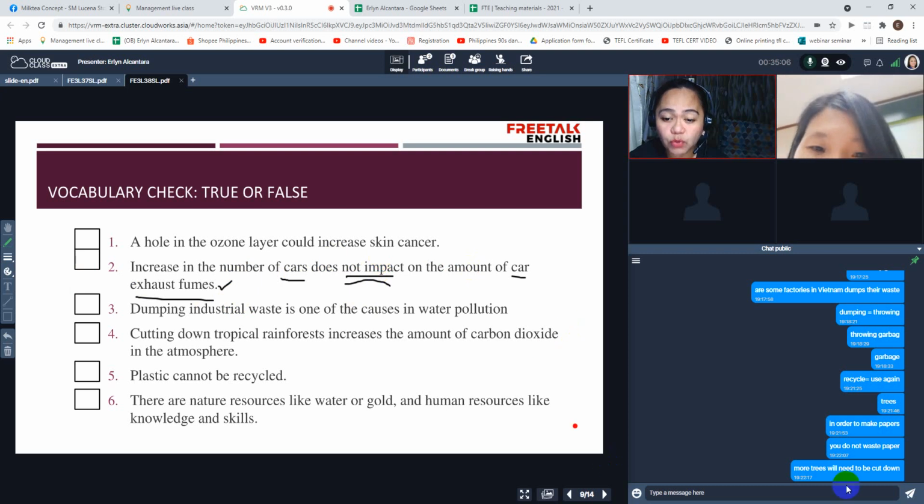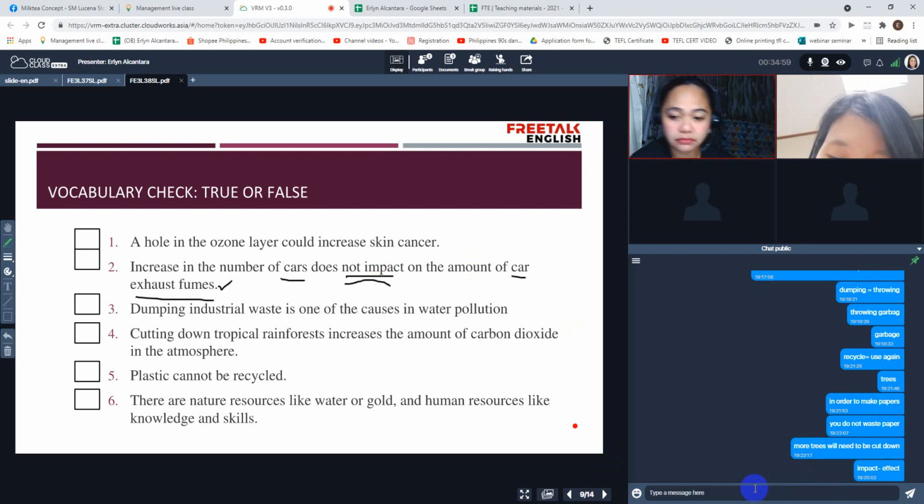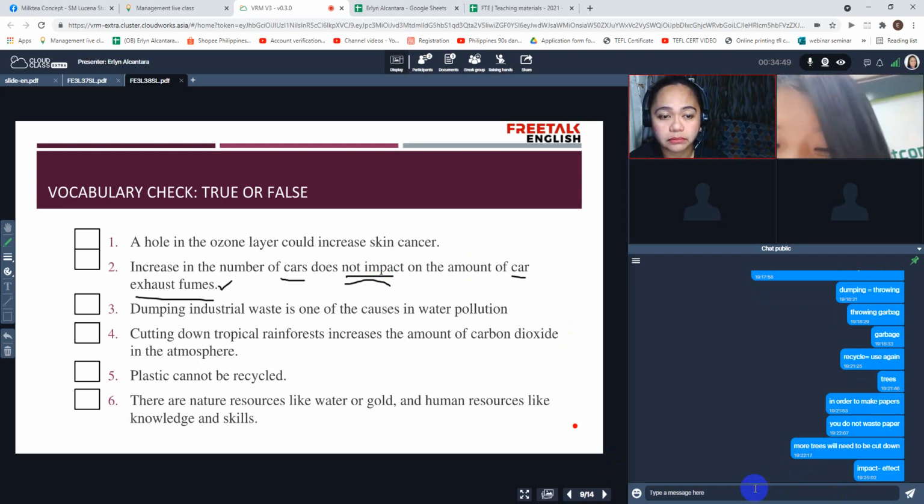When we say impact, that's effect. So I also think this sentence is true.